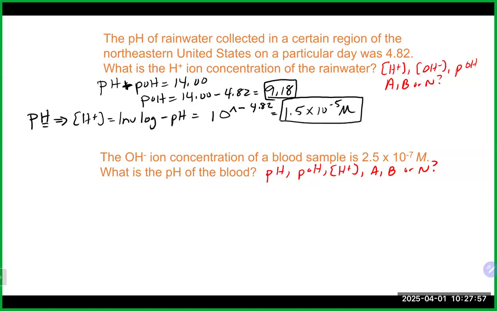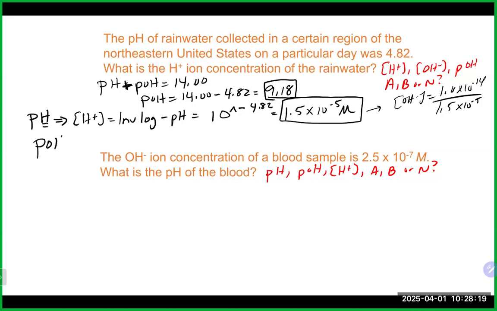At this point, you actually still have two options. You could also go back to KW and just use KW like we did before. So option 1 would be, at this point, you could get the OH minus by taking 1 times 10 to the minus 14 divided by 1.5 times 10 to the minus 5. And that's our KW formula.